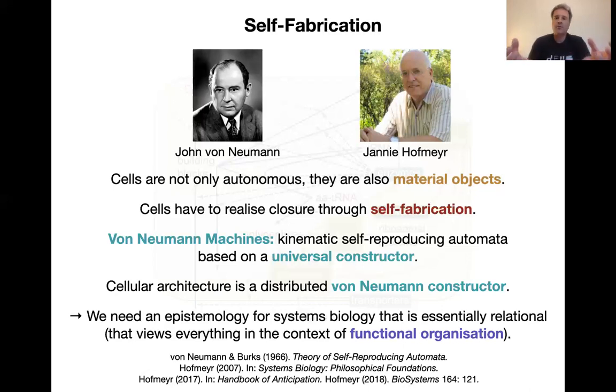Okay, that's already Rosen's argument in his conjecture. You need a different type of mathematics, a different type of explanation. Category theory is a purely relational field of mathematics. Okay, so it is not a mechanistic type of explanation. It views everything in the context of functional organization. So Yanni likes to say nothing makes sense in biology unless seen in the context of organization.